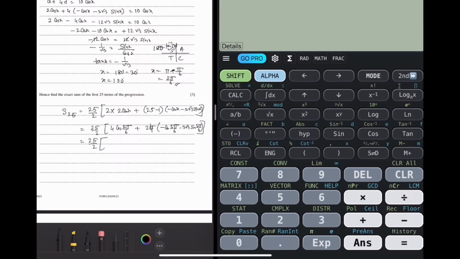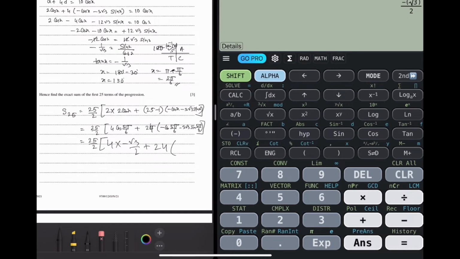Cos 5 pi by 6 is minus root 3 by 2. So 4 into minus root 3 by 2 plus 24.